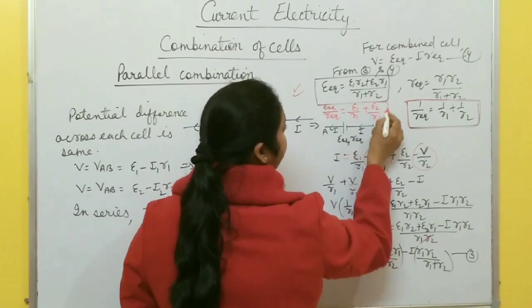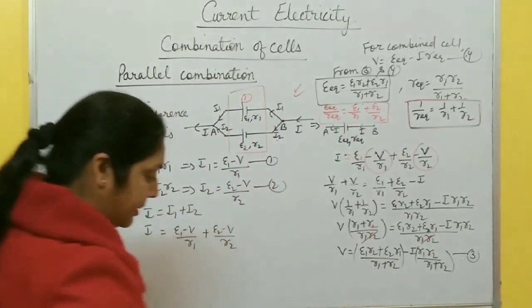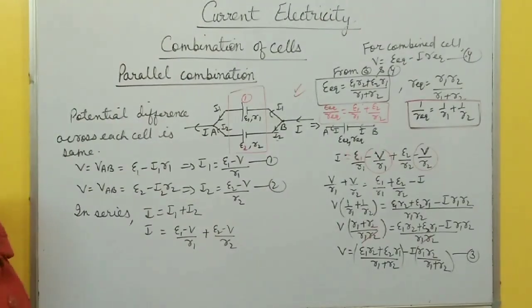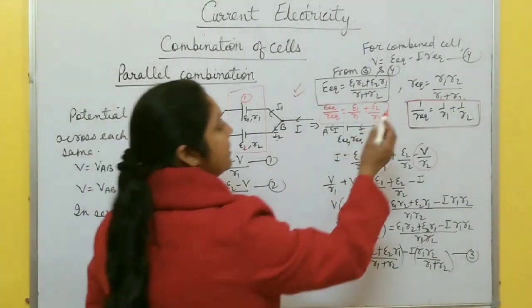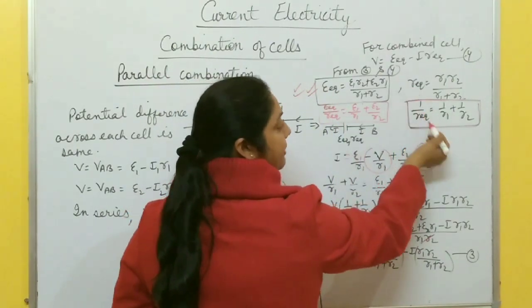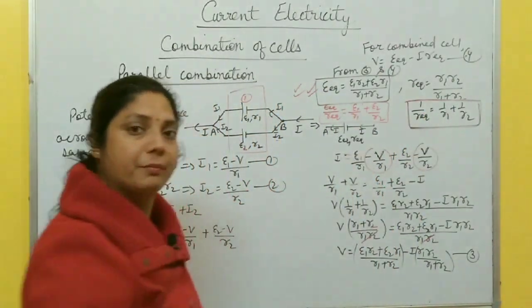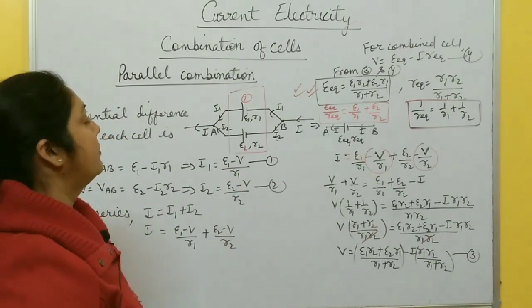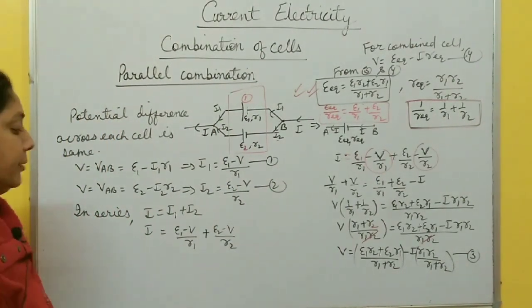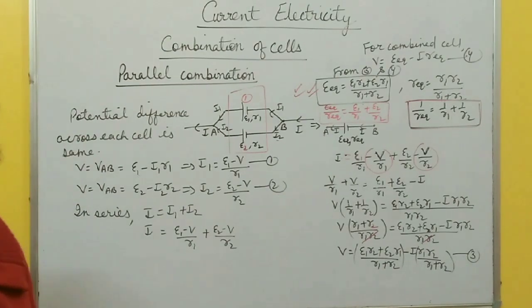This is also another form. Let me check, is it correct? Okay, E1 by R1 plus E2 by R2. So this is the final result: E equivalent by R equivalent equals E1 by R1 plus E2 by R2. This is the case of parallel combination, right? After this, we will move to the next topic.